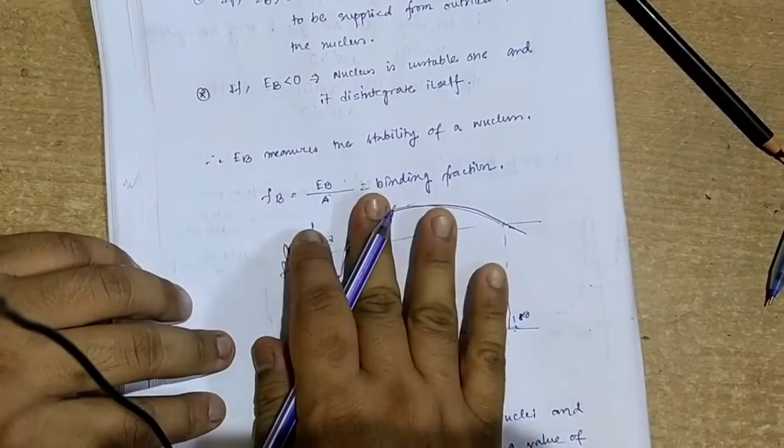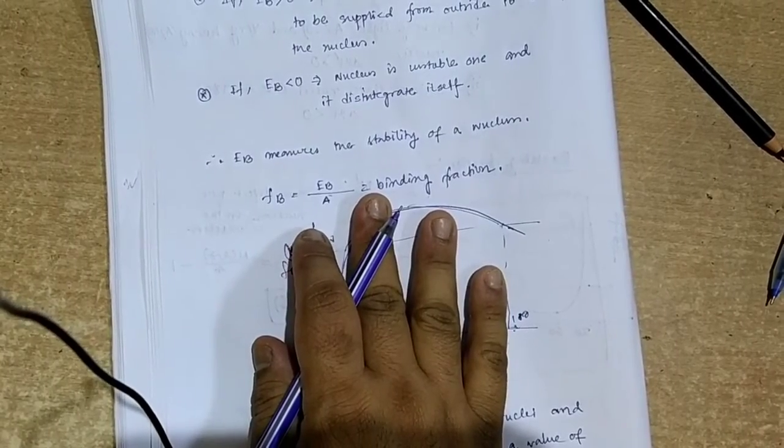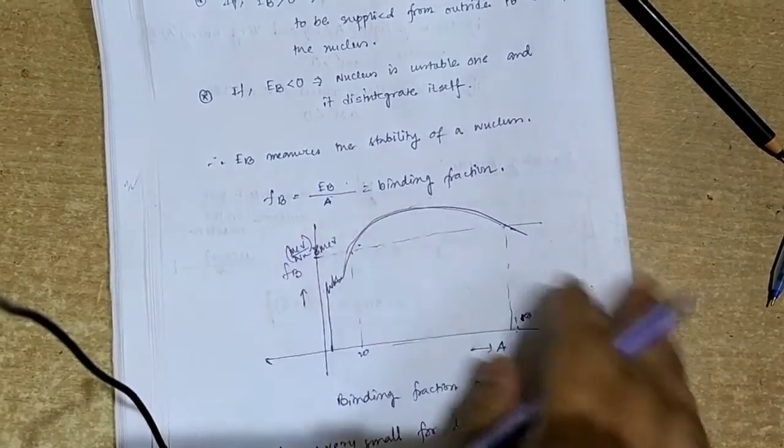That means this type of nuclei are more stable than their surroundings.